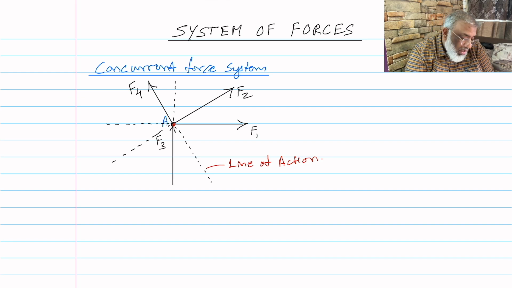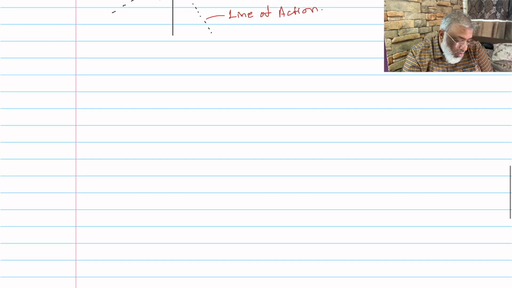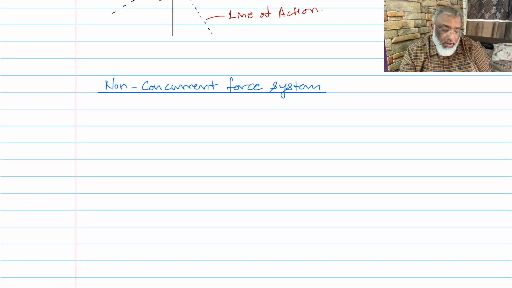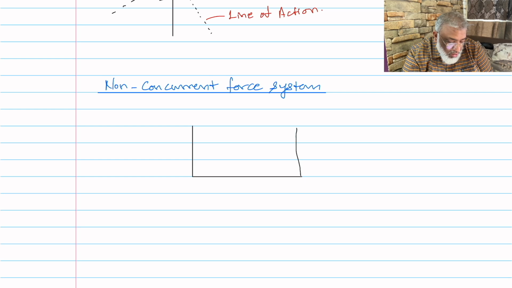Okay. Now let's talk about what is a non-concurrent force system. For a non-concurrent force system, we must have a body which is not a point. That is basically the major difference between concurrent force system and non-concurrent force system. In this case, the body on which the forces are acting is not a single point.